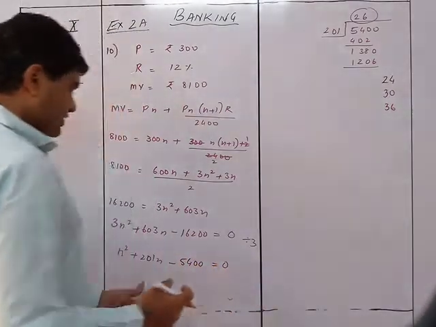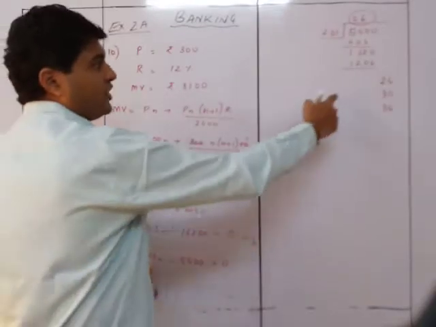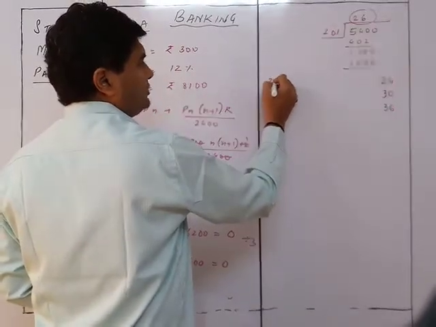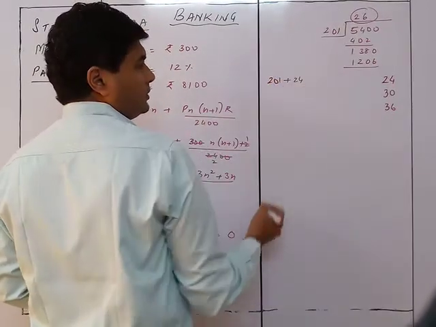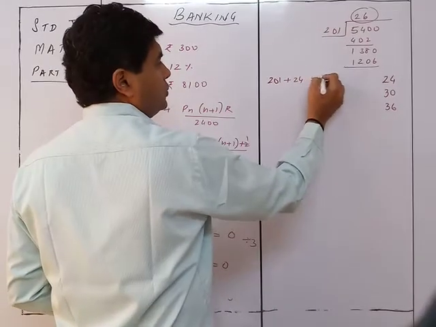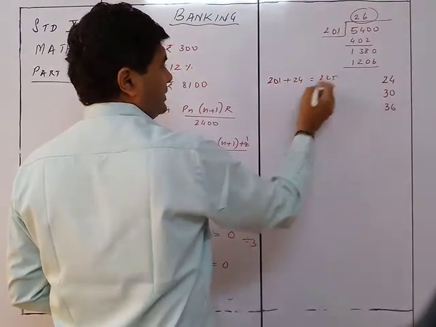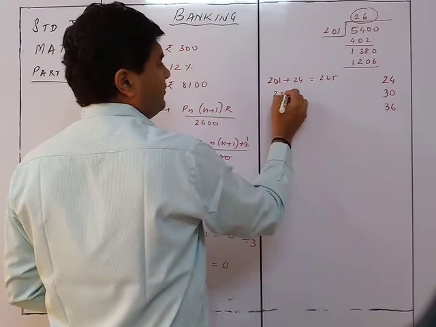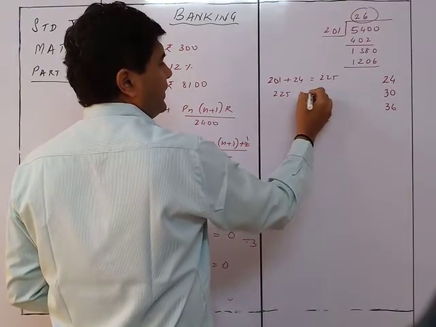So let us see, this is 201. First of all add 201 to 24, so it will be 201 plus 24. So that is equals to 225. So the first part will be 225 and 24.